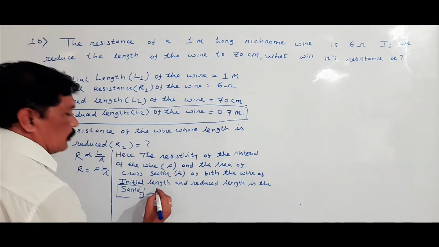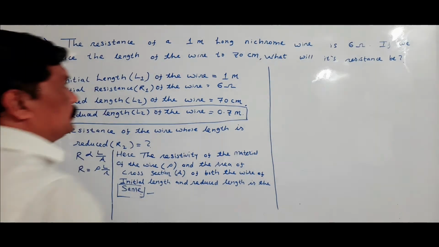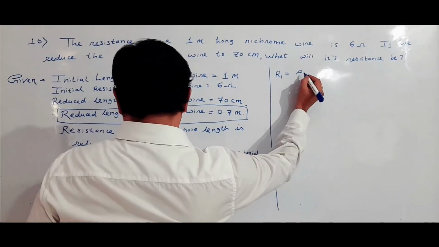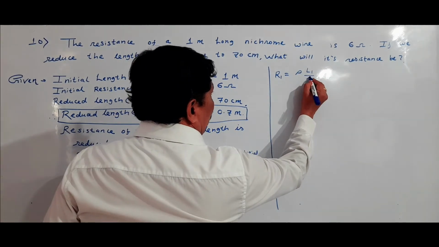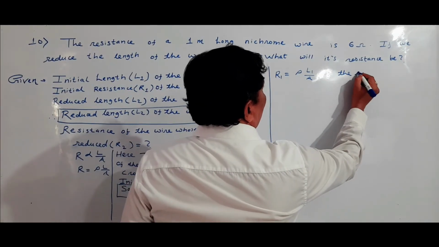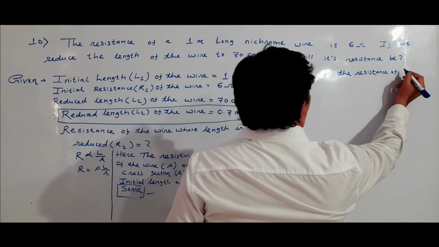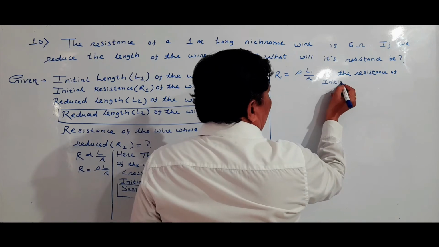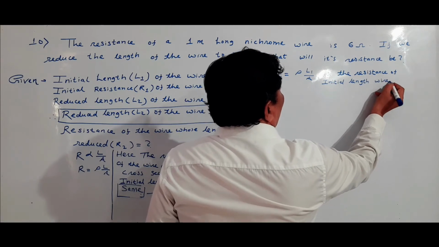Therefore, we can write R1 is equal to rho into L1 upon A is the resistance of initial length wire.